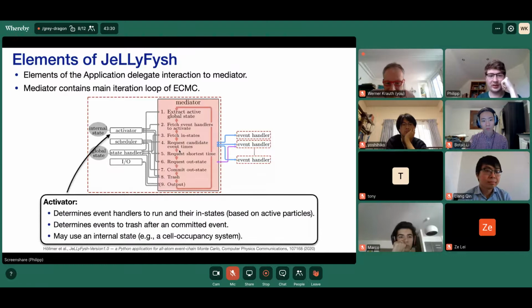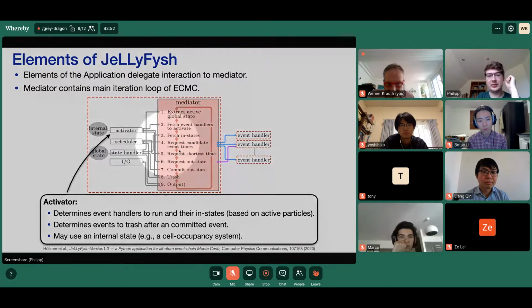So the first element is the activator. The activator, as you might guess, determines event handlers which should be activated, so event handlers which should run or which should compute new candidate event times, and it also determines the instates. For this, it uses the active particles. This is used in step 1, the activation.